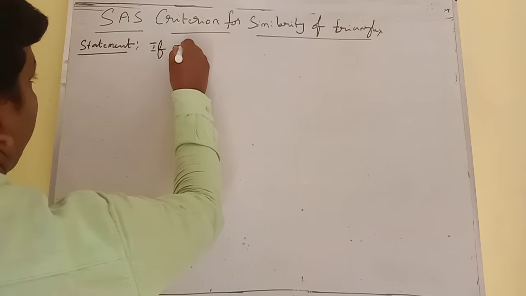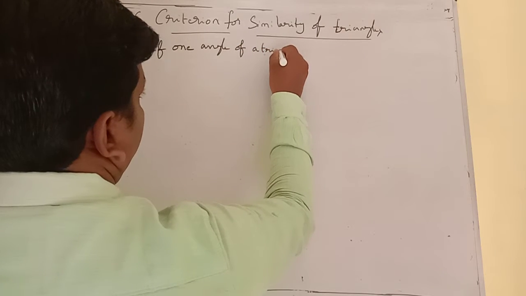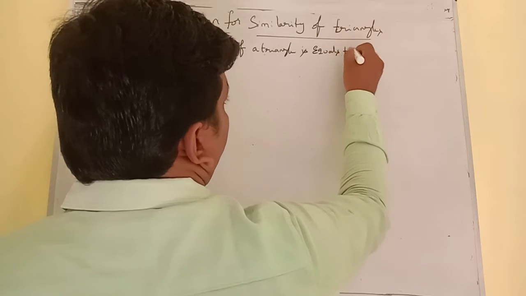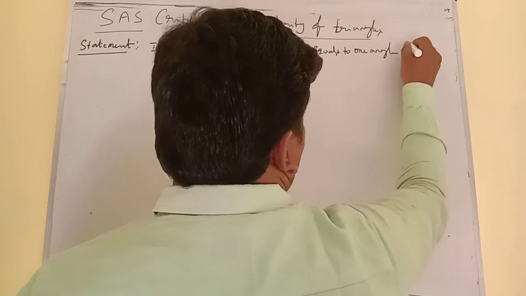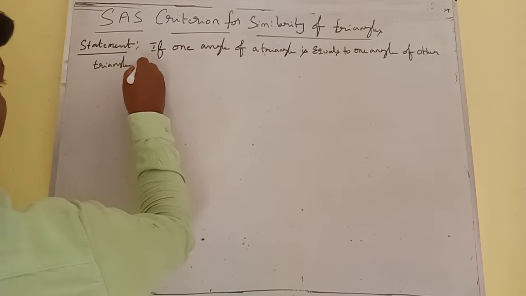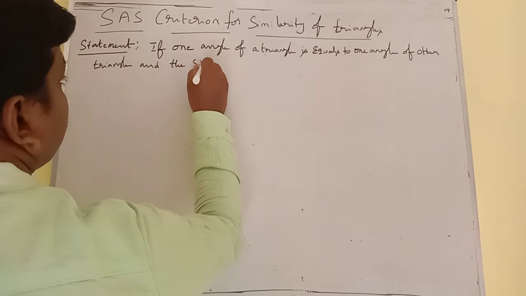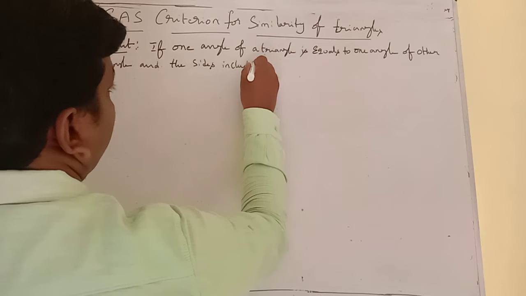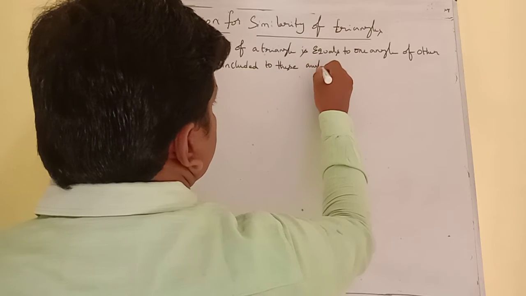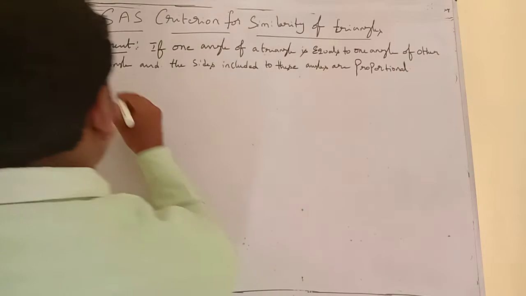If one angle of a triangle is equal to one angle of another triangle, and the sides included to these angles are proportional, then the two triangles are similar.